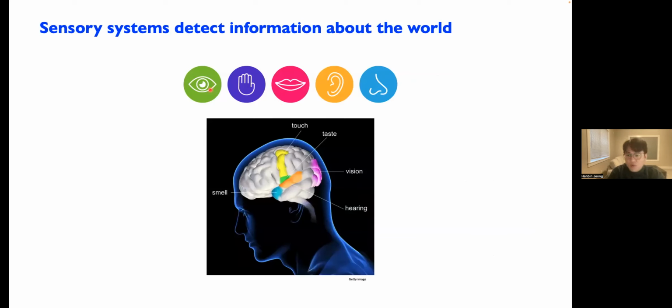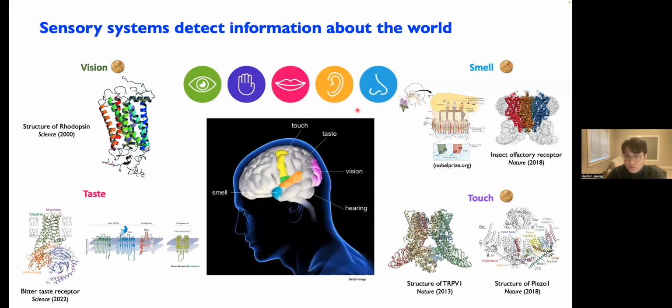The eye converts visual stimuli into electrochemical signals, the tongue converts taste molecules into electrochemical signals, and the ear and the nose do too. This is a major focus of neuroscience, trying to understand the genes and proteins involved and trying to elucidate the mechanism of how this information is converted into electrochemical signals.